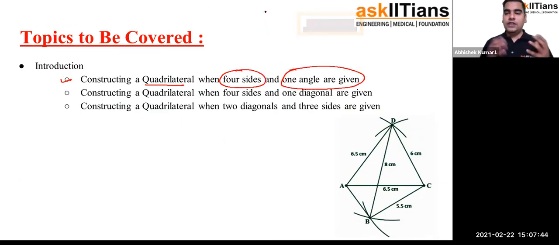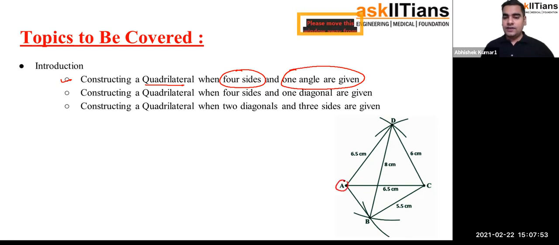Because we know what a quadrilateral is. A quadrilateral is a polygon which has four sides, right or not? For example, you can see here this figure ABCD. This represents a quadrilateral. A quadrilateral is a closed figure bounded by four sides, or you can say it's a polygon that has four sides.